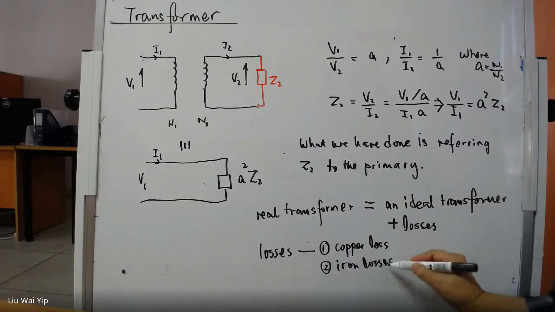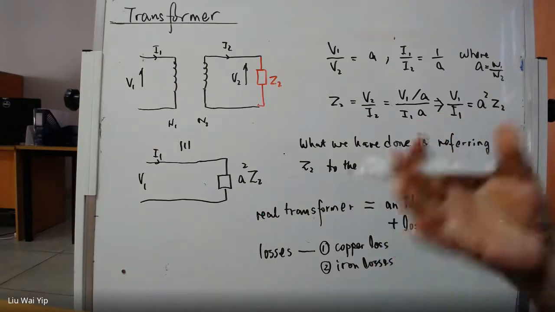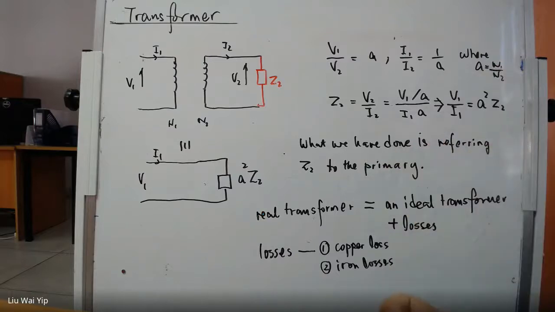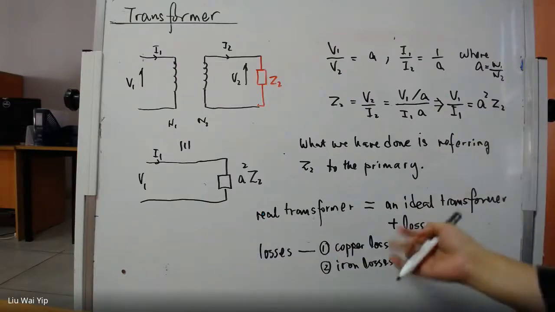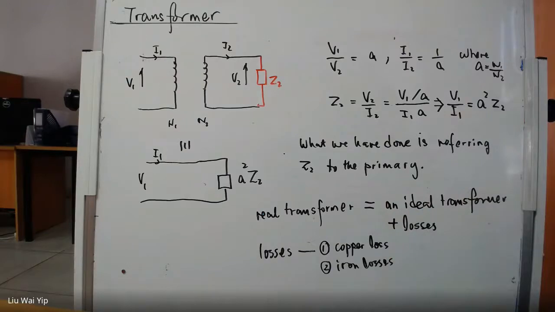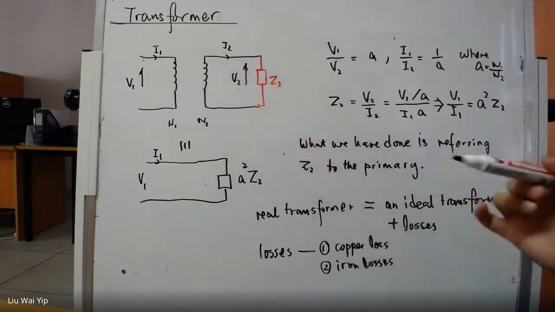So let me explain what copper loss means. What is made with copper in a transformer? Obviously, it is the winding. The copper winding contributes to copper loss. This means that the copper winding itself contributes to the resistance.